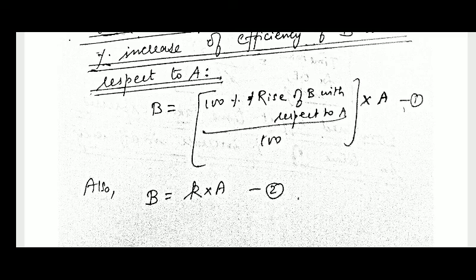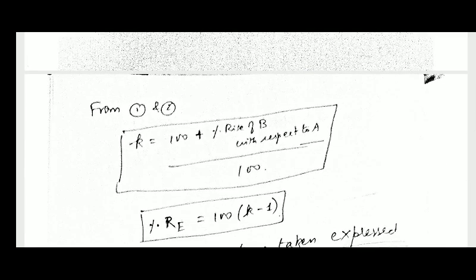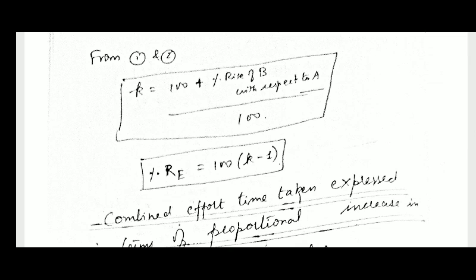Comparing these two equations, namely 1 and 2, we can frame a relation between K and percentage. So K can be written as (100 plus rise in percentage of B with respect to A) by 100. I am simply writing the percentage rise in efficiency of B with respect to A as percentage RE, just for the sake of better understanding. So percentage RE can be rewritten as 100 times (K minus 1).